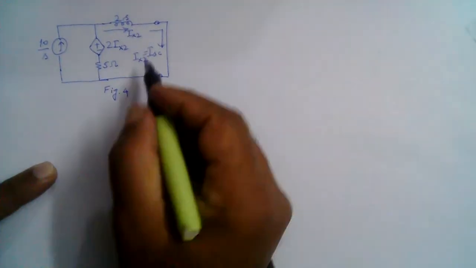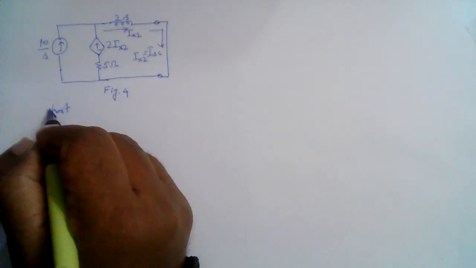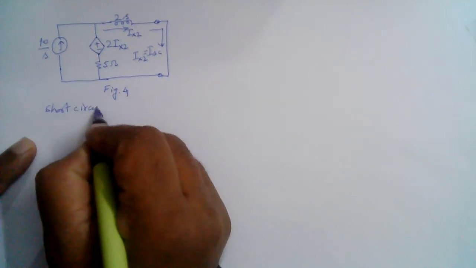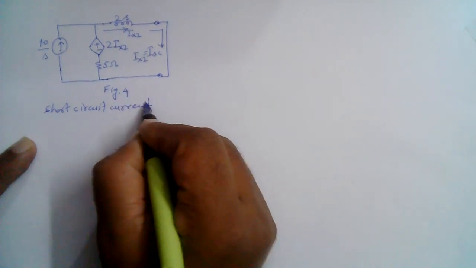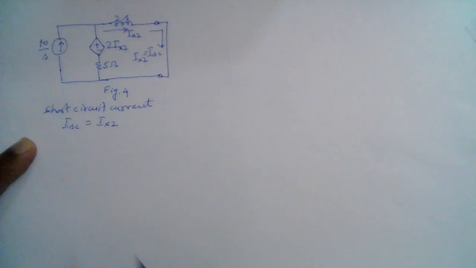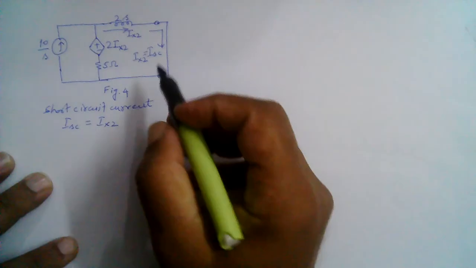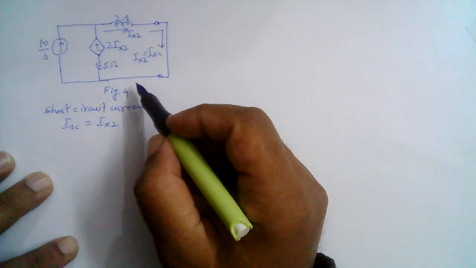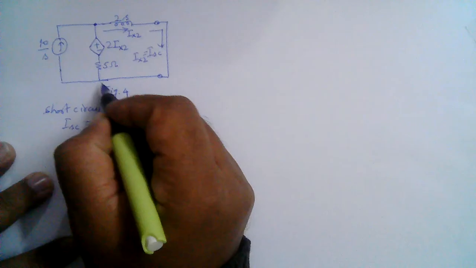So here in this figure, the short circuit current ISC is equal to Ix2, right? And we can find out the nodal voltage here, node voltage here.